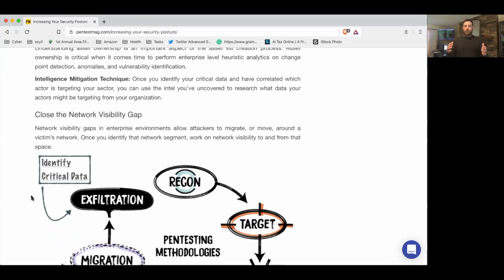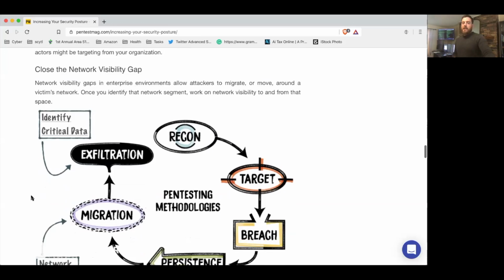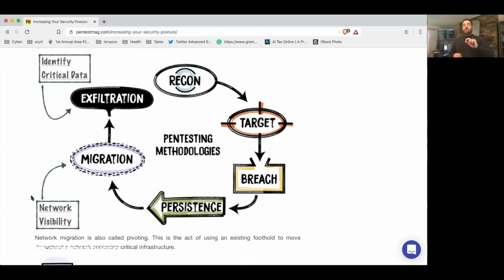So again, moving through the concept of closing visibility gaps. A visibility gap within a network infrastructure or security environment really is: is there something happening in my enterprise network and I cannot see it? That's a gap in your visibility. So do I have some key element of critical data and somebody from a computer can access that?